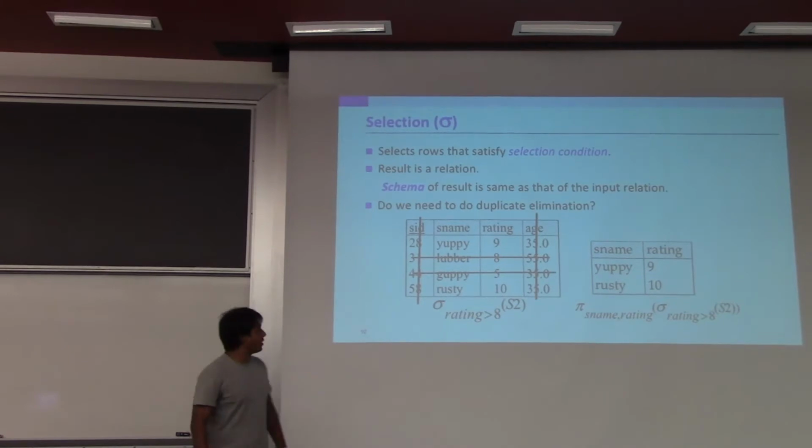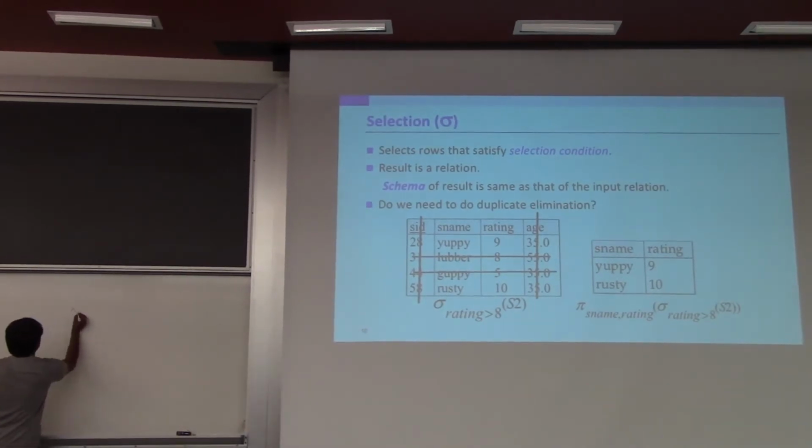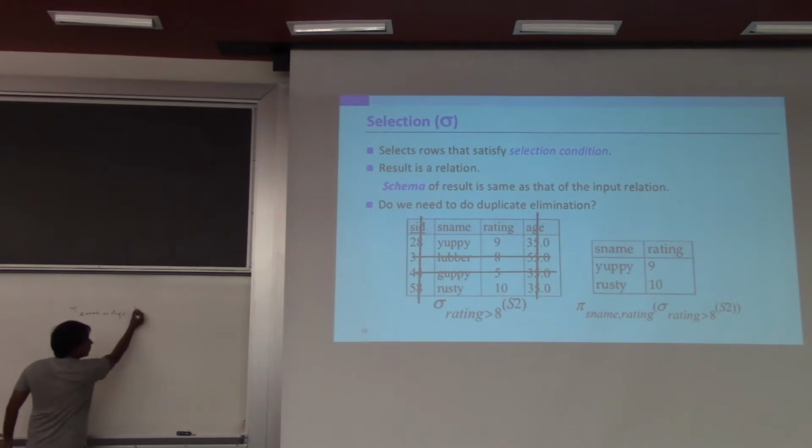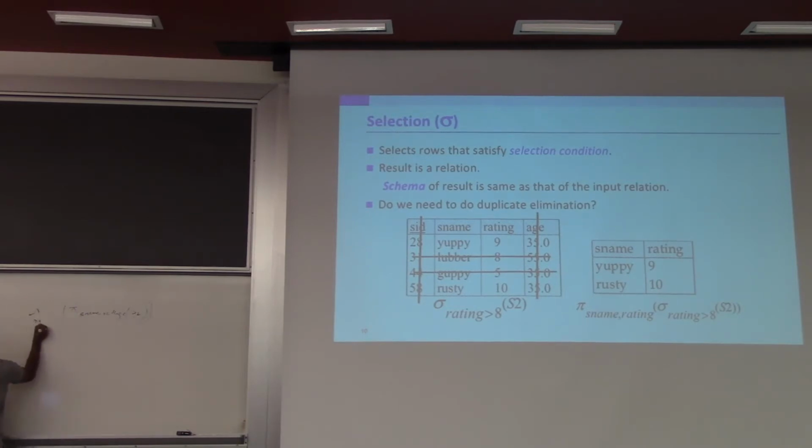So if we apply the projection on name and ratings on S2, and after that we do the selection of ratings greater than 8, that is also possible. What makes this possible is that the outcome is always the same. There are many ways to get to the final result, the final relational instance.